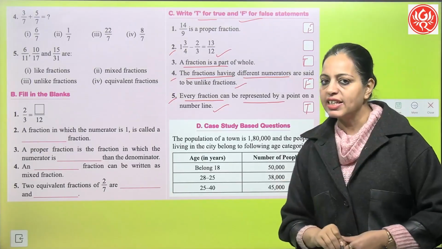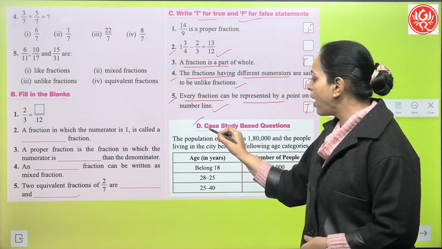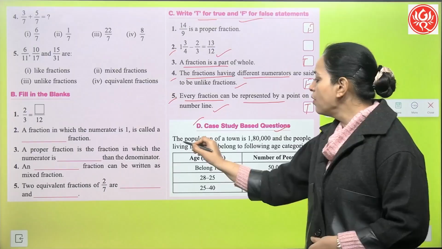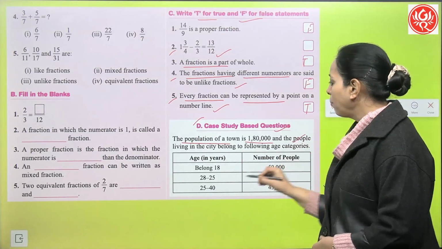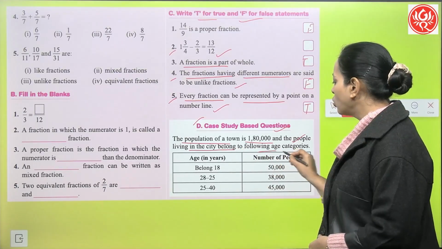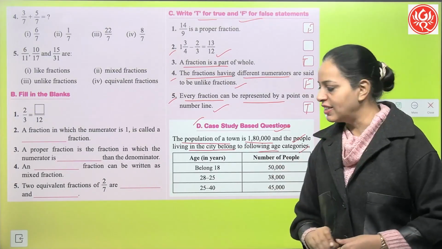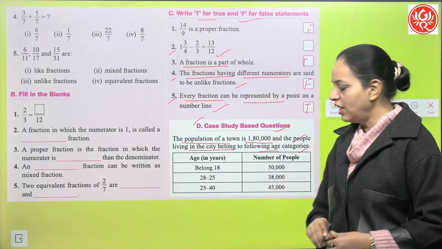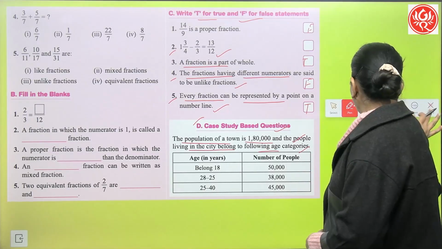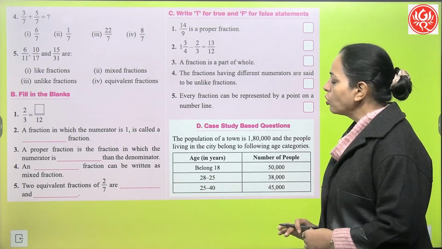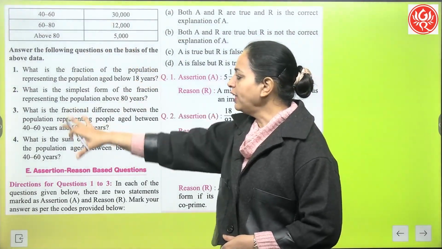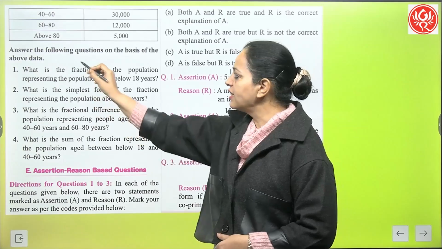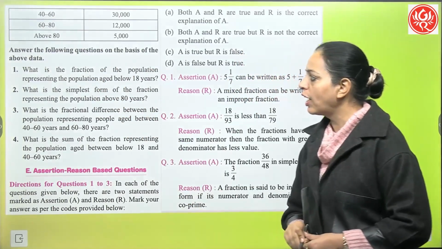Yes, this is true. Now the D part, case study based question. The population of a town is 1,80,000 and the people living in the city belong to following age categories. Like here, age given in years and number of people given. So what to do? According to the data, we can answer these questions on the basis of the above data.